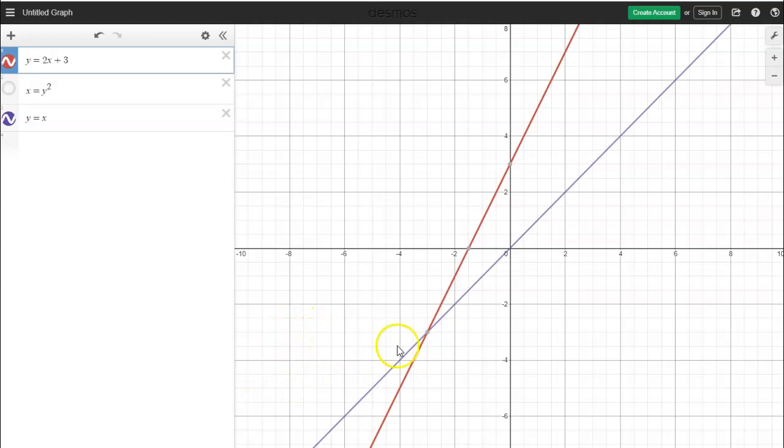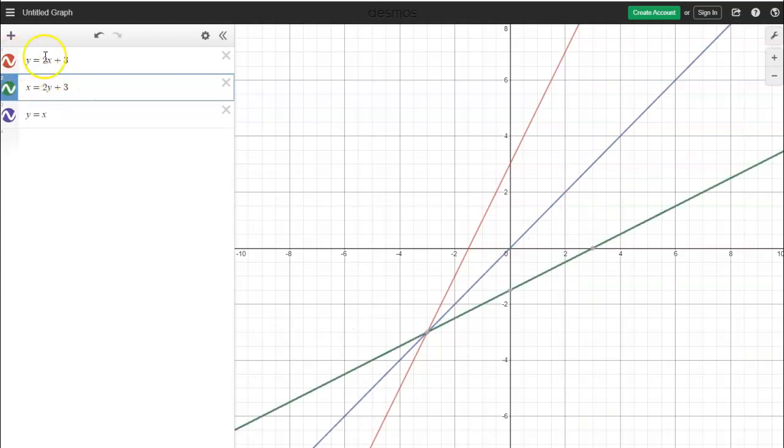What does a graph look like? It's going to be a mirror image amongst this purple line. So if you were to test it, here I'm just going to switch the x and the y. x equals 2y plus 3. And notice that we get the exact same thing again. We have this reflection over the y equals x line from these two inverses.